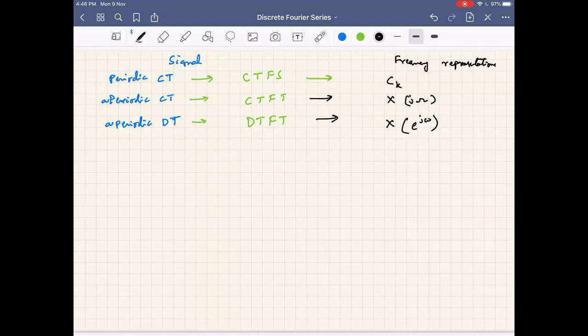In this similar manner, now we will investigate what kind of Fourier transform equations are required for getting the frequency representations of periodic discrete time signals.